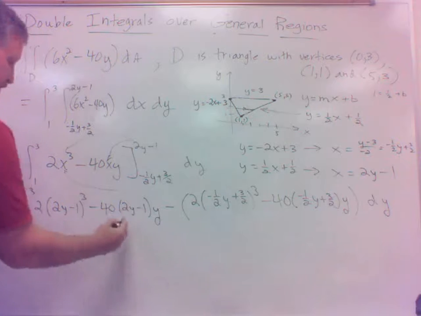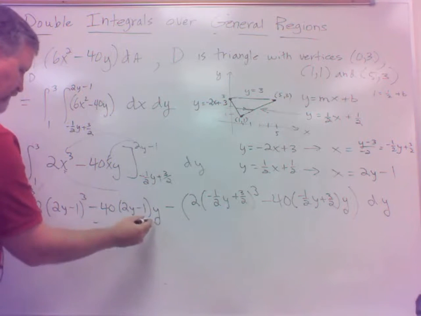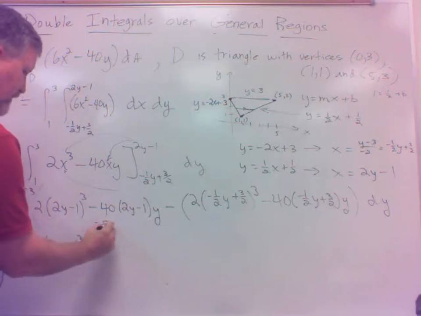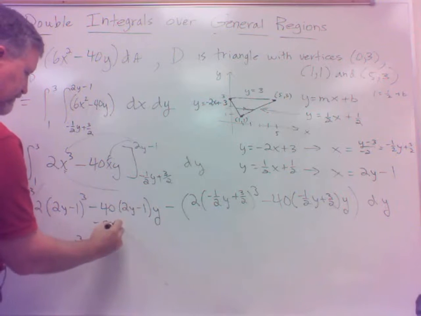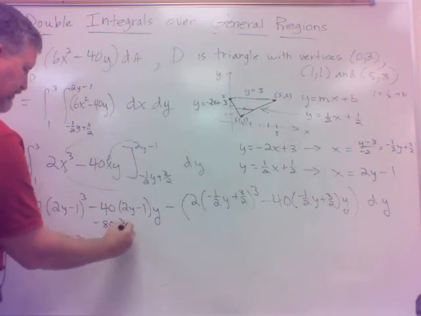This one I'd probably go ahead and multiply out, so that's minus 40y times 2y, so it'd be minus 80y squared. And minus 40y times minus 1 would be plus 40y, right?